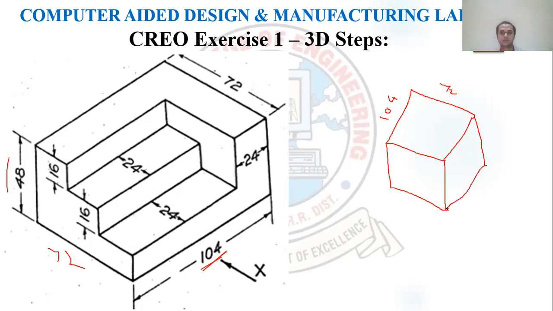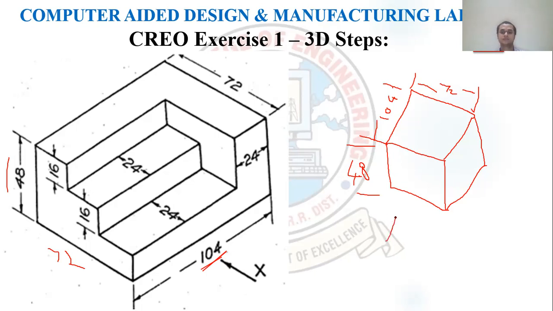I generate a box shape like this. First I take 72 and 104 to generate the top view, and then I extrude to a depth of 48 and I get this shape.